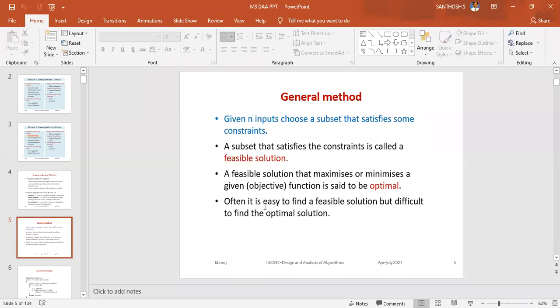Often it is easy to find the feasible solution but difficult to find the optimal. You can easily find the subset that satisfies the constraints. That is easy. But minimizing or maximizing the given function is difficult. That is the third step. It is easy to find a feasible solution, but difficult to find the optimal solution. So this is the general method.